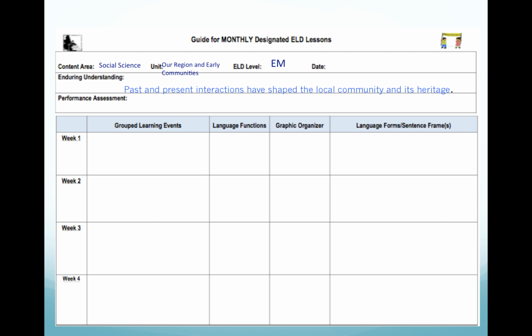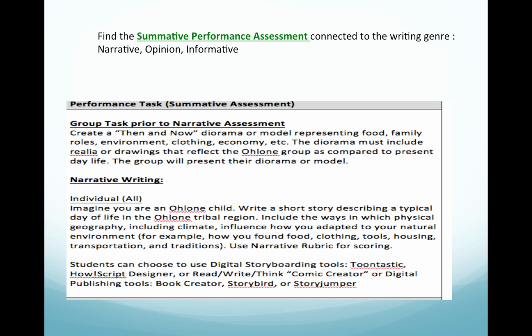During your designated ELD, you're going to use the content from your unit integration block. The content area was social science, and this grade level was our region and early communities, and that enduring understanding, I showed you where to find that, was past and present interactions have shaped the local community and its heritage. So go ahead and find that for you, and write that in.